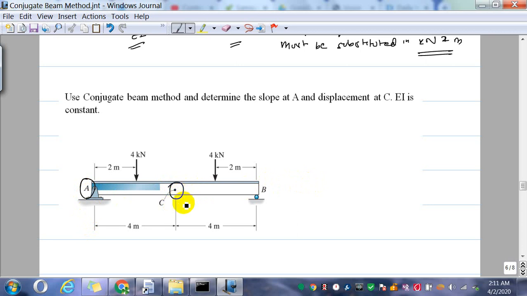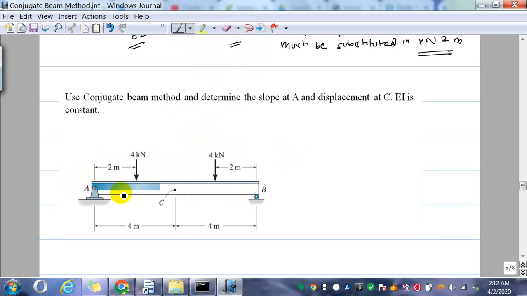Okay, so the first step is to derive the moment diagram. So I'm going to show you how to plot this bending moment diagram. So here, if you look at this one, A, C, B, and you have a 4 kilonewton load.